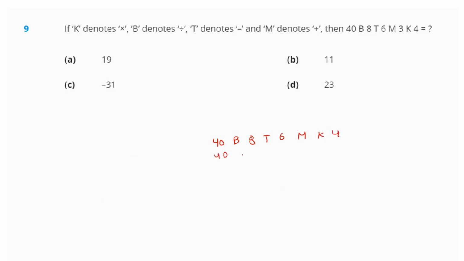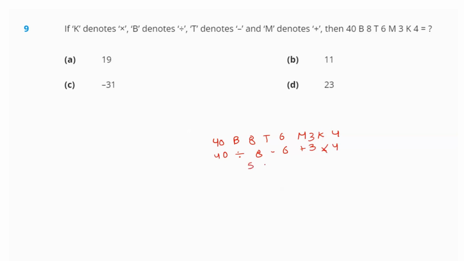So it will be 40 divided by 8 minus 6 plus 3 multiplied by 4.